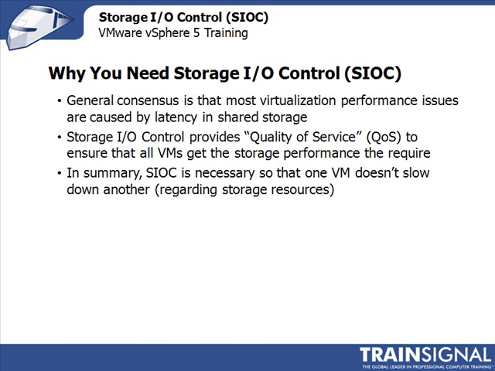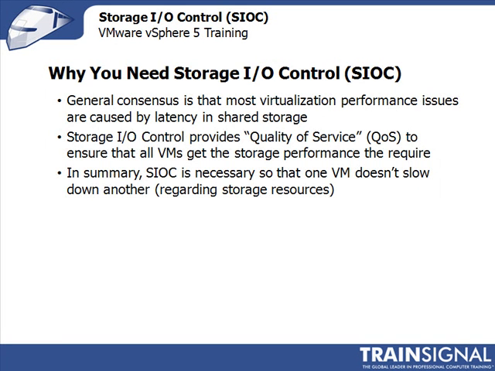So in summary, SIOC is necessary so that one virtual machine doesn't slow down another regarding storage resources. Or to be more realistic, it's usually a handful of lower priority virtual machines slowing down a handful of much higher priority virtual machines.